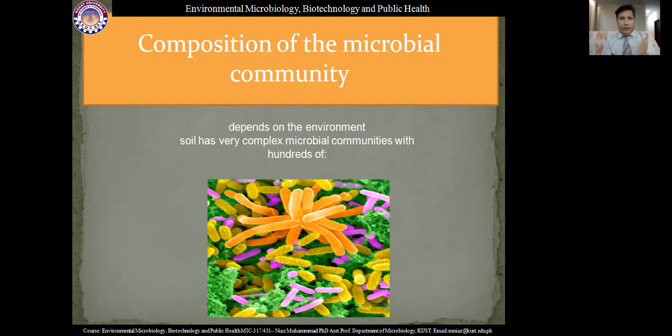In another case, if the microbial community in that environment is small, maybe it has the potential to decompose that pollutant or not, we are not sure. So it depends on microbial community composition. If there is a diverse microbial community in any environment, they must have the potential to decompose such pollutants.